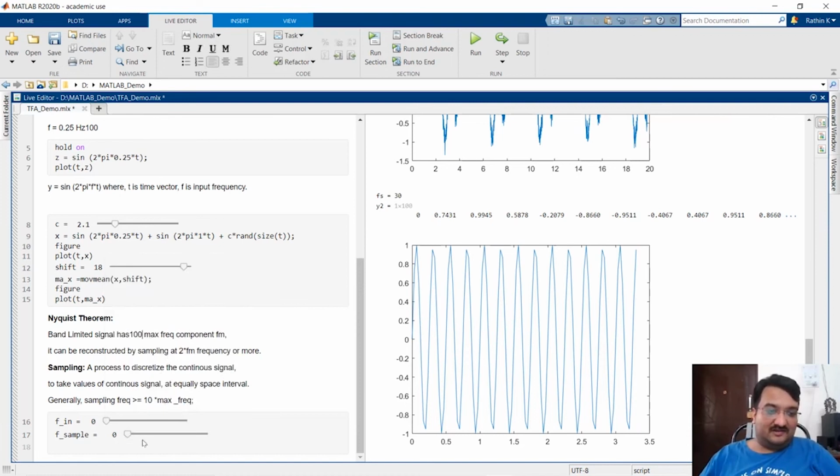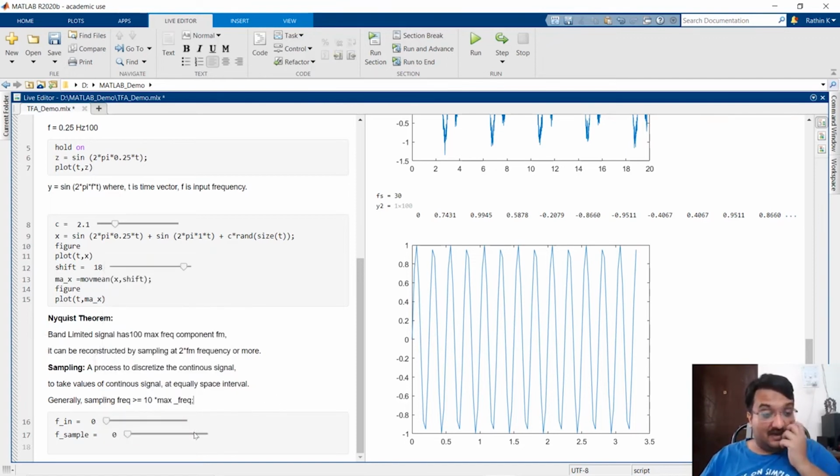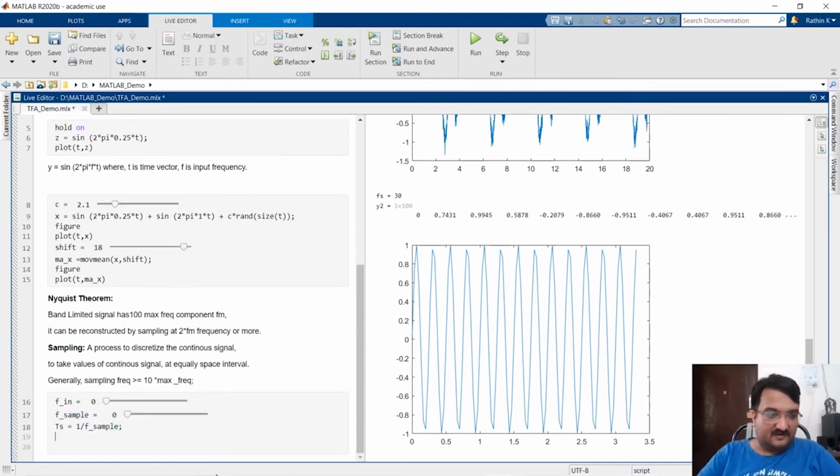So just to illustrate, we'll keep the maximum frequency as 200. You will get an idea how we are able to get better fidelity by sampling at a higher frequency rate. Based on your sampling frequency you can get your sample duration, which is just the inverse of your sampling frequency.